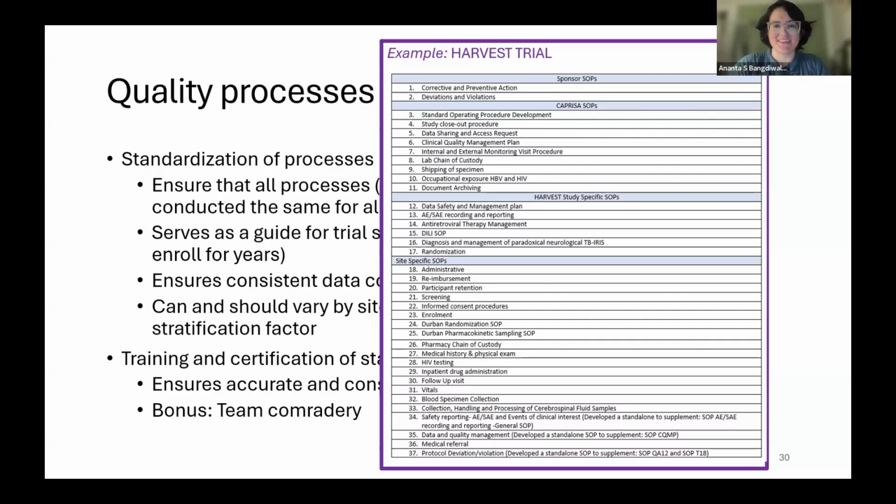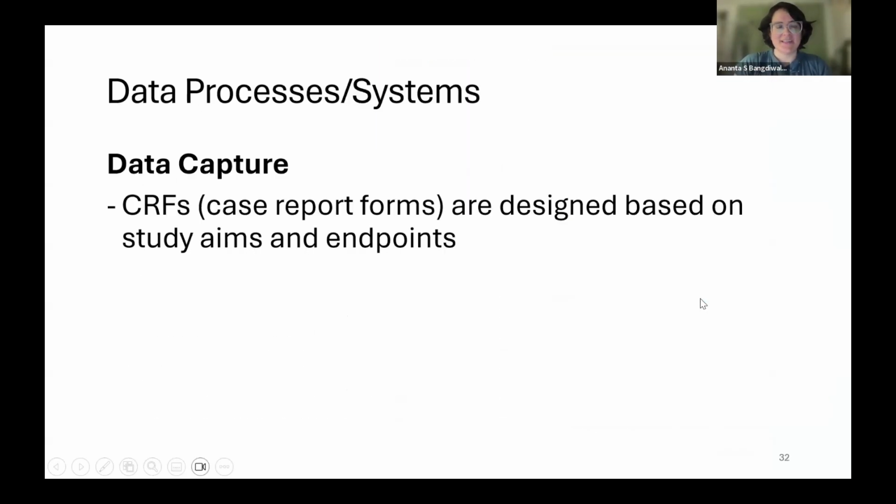Thank you. Great questions, everyone. Finally, I want to talk about a couple of features with data processes and systems. We've talked a bit about data at this point, and data capture is essential in your randomized trial. You're conducting this so you can collect data, so you can analyze it, so you can answer your research question.